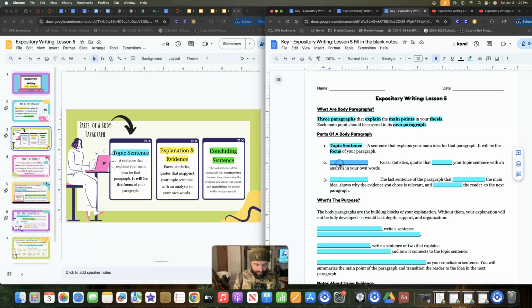Then you will have explanation and evidence, facts, statistics, quotes that support your topic sentence with an analysis to your notes.